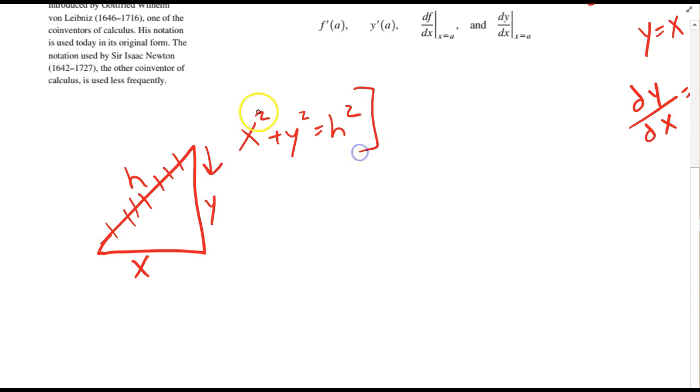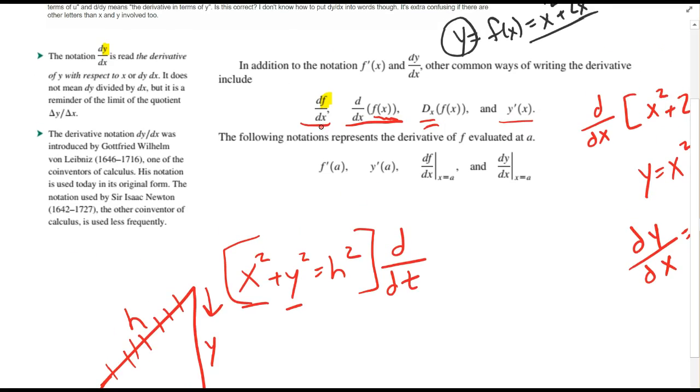And when you differentiate this function, you're going to differentiate it with respect to time because x and y are functions of time. So you want to keep in mind what your function is with respect to. A lot of times it's with respect to x, but it could be with respect to t or any other kind of notation.